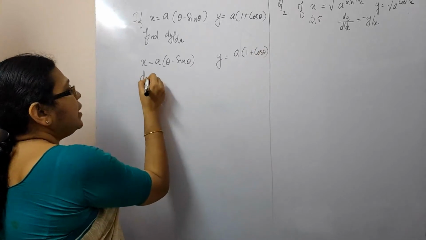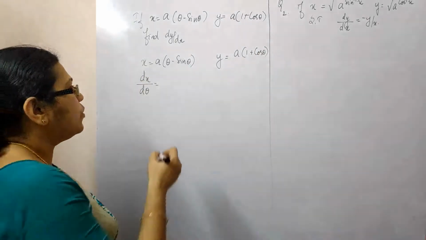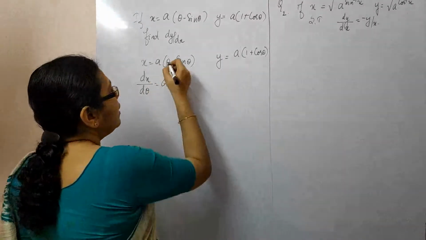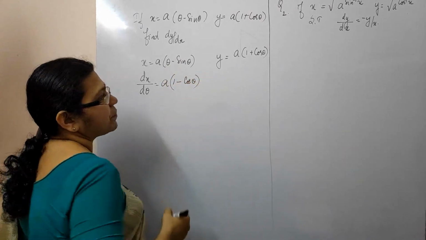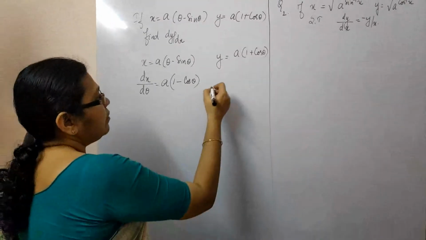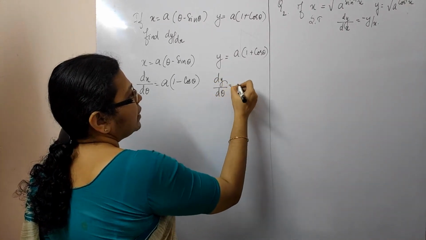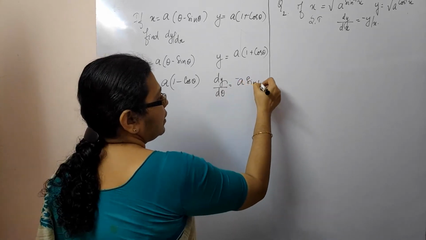So now dx by d theta, where the parameter is theta. a is a constant, let that be there. The derivative is 1 minus cos theta. Now I find dy by d theta. dy by d theta is a into minus sin theta.